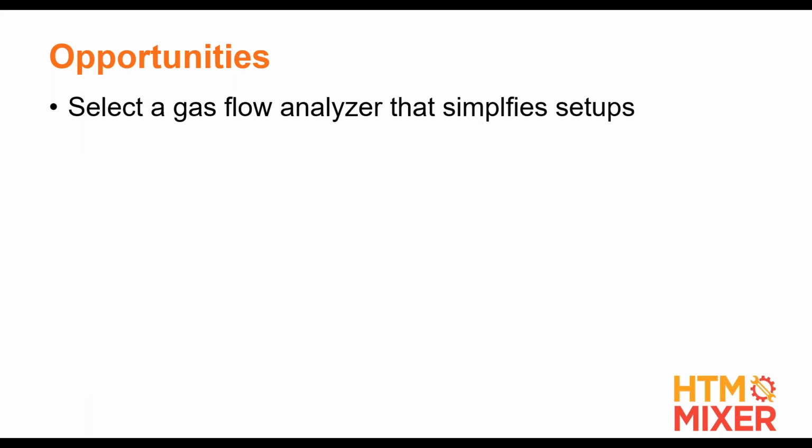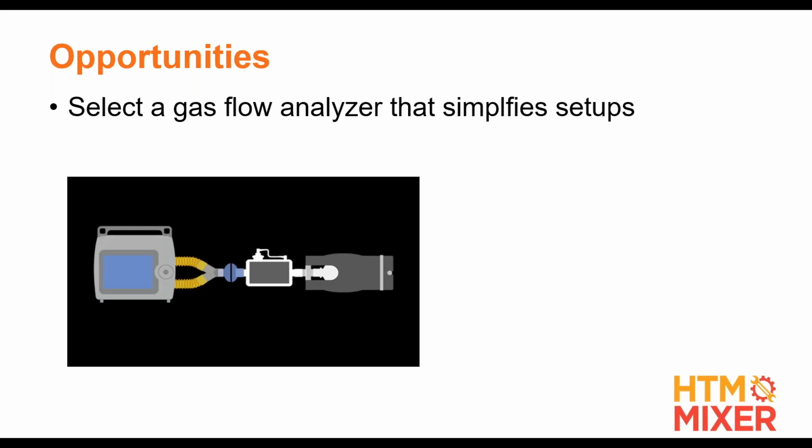The other thing, if you have the chance, of course, is to select an analyzer that simplifies your setups. One like this one, where the patient circuit is on one side, the test lung is on the other, and almost all the parameters that you could possibly need for testing that ventilator are measured through one flow channel. No need to tie anything else in, no need to have a different module for different flows.